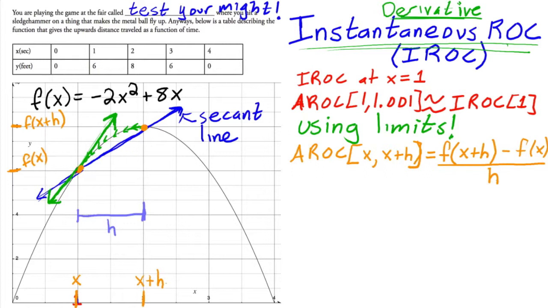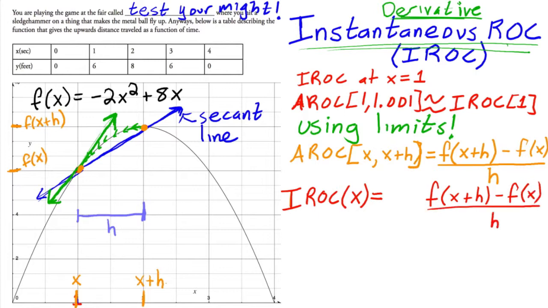Okay, now check this out. You ready? The instantaneous rate of change at the point x is going to equal, I'm just going to rewrite this, f of x plus h minus f of x over h.